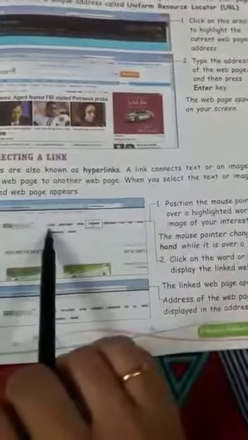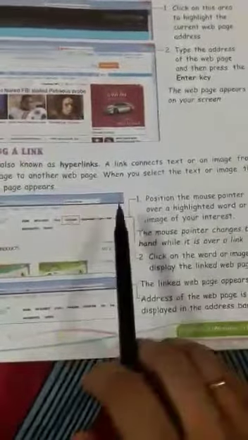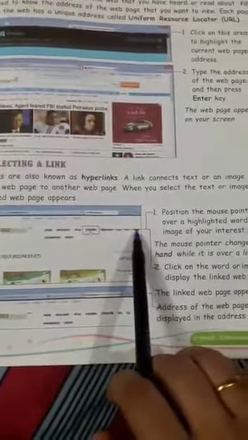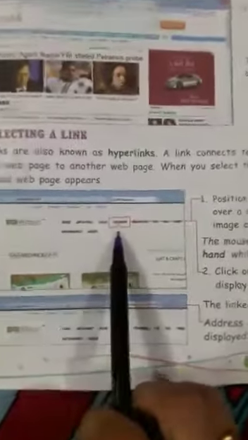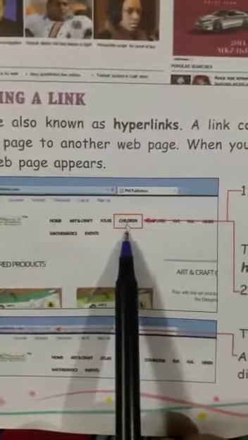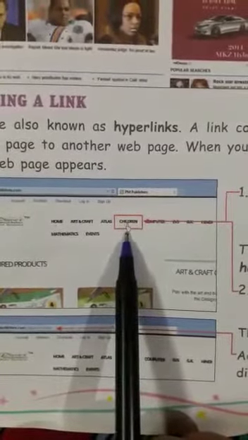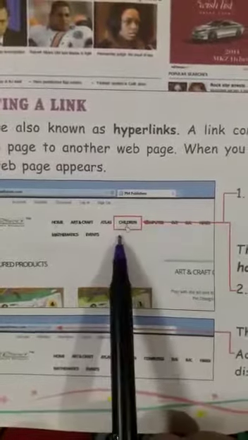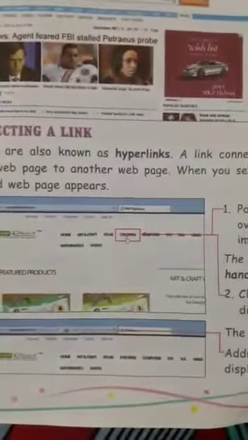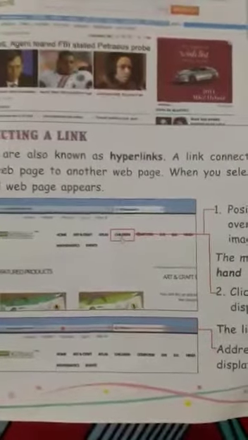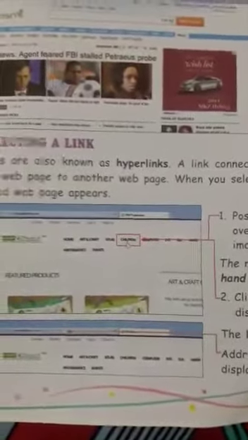Okay. So my dear students, here see how you can select a link and how you can open the link. You have opened a website in which one link is given, that is called children. If we want to open this children link, how will you do it?